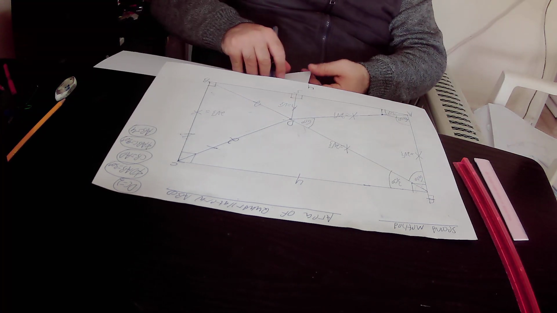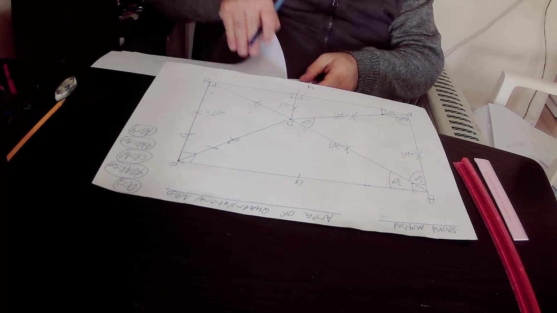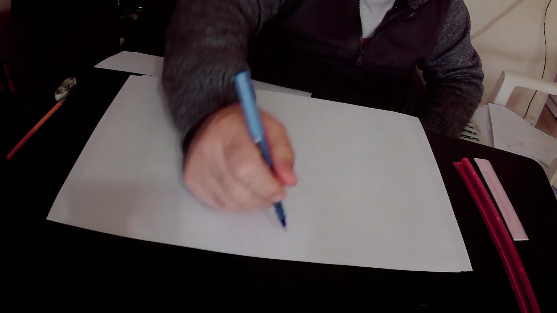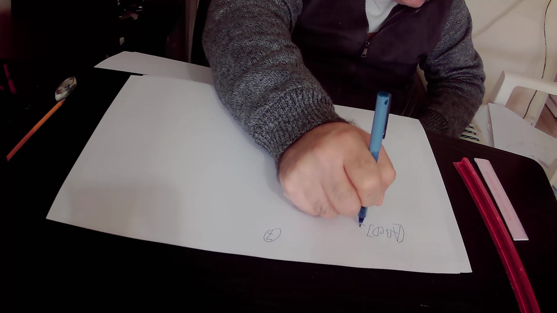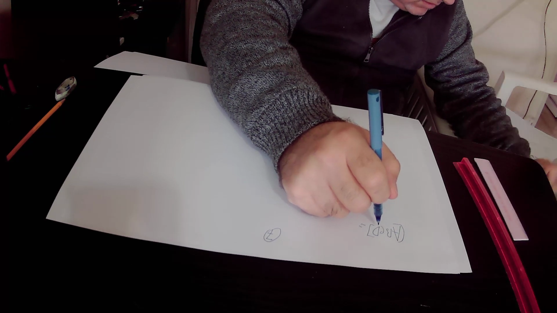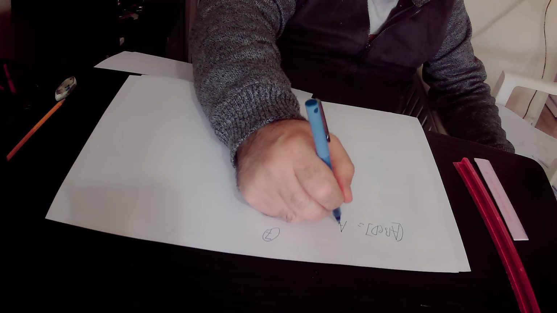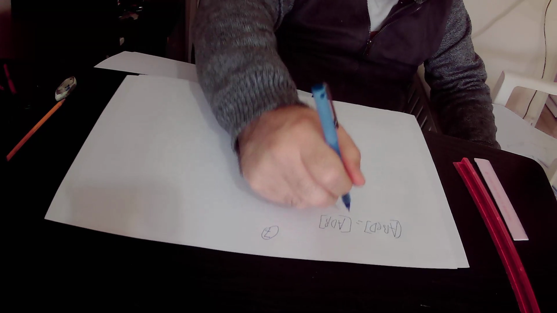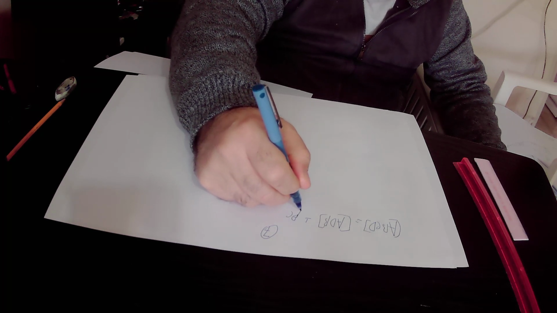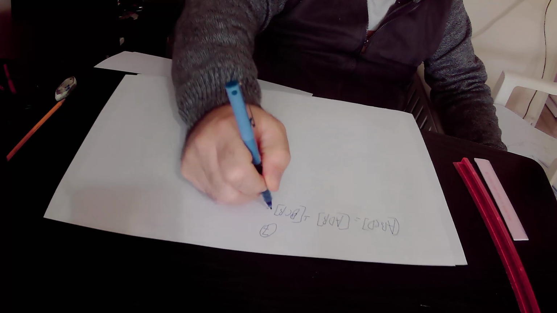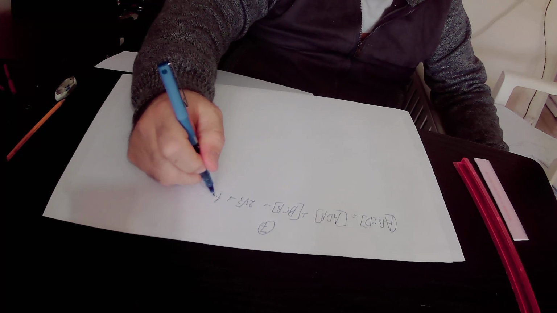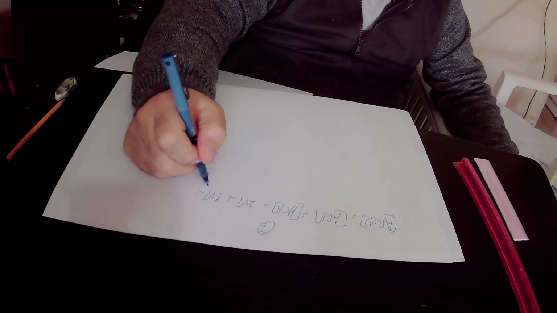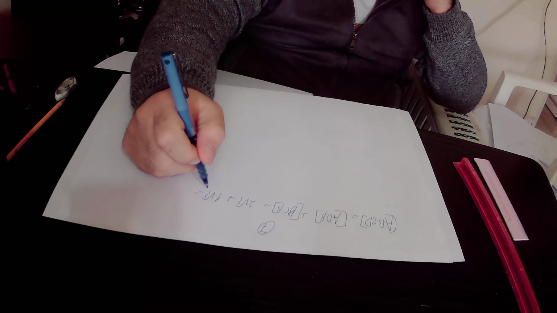Therefore, the area of quadrilateral ABCD will be equal to the area of triangle ADB plus the area of triangle DCB, and we already found out that the area of triangle ADB is 2 times square root of 3 square units, and the area of triangle DCB equals 1 times square root of 3 units. 2 times square root of 3 units plus 1 times square root of 3 units equals 3 times square root of 3 units.